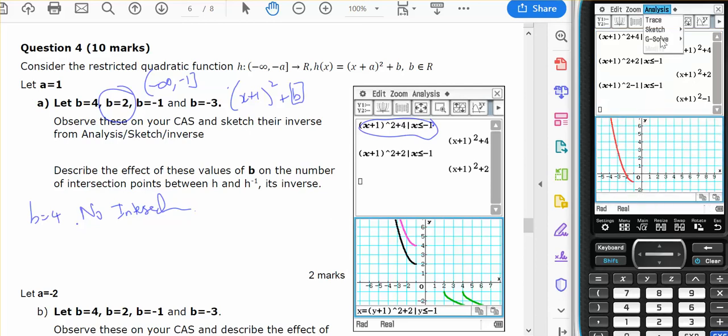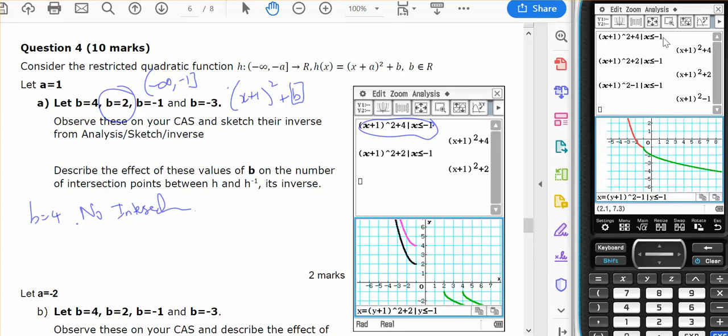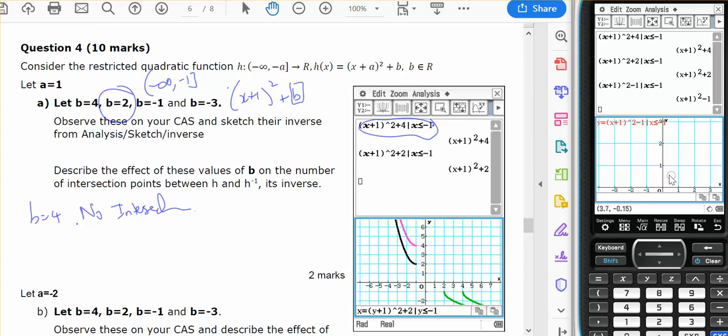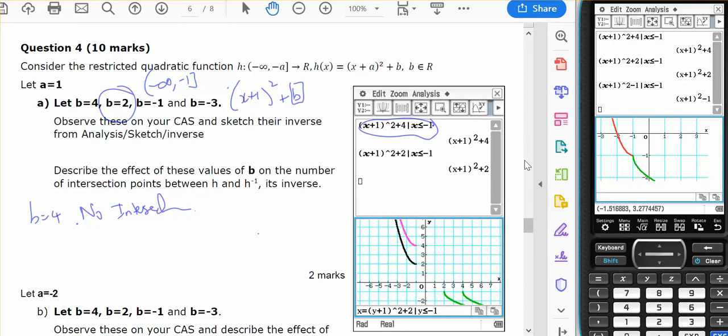And analysis, sketch, inverse, and it does in fact touch. Yep, beautiful. So b equals 2, no intersection; b equals -1, touch on endpoint.